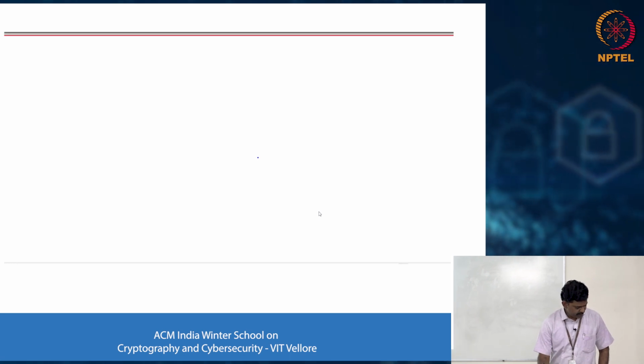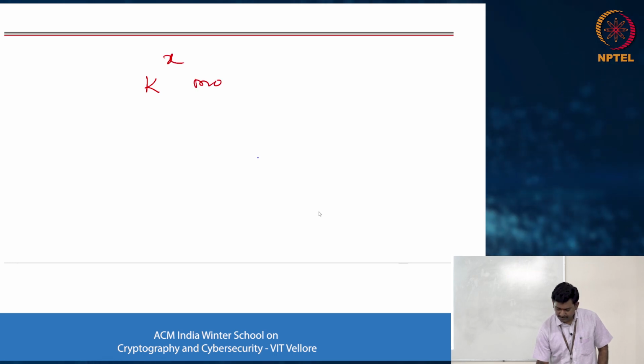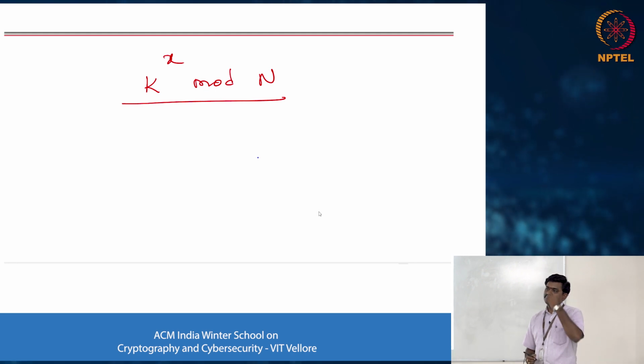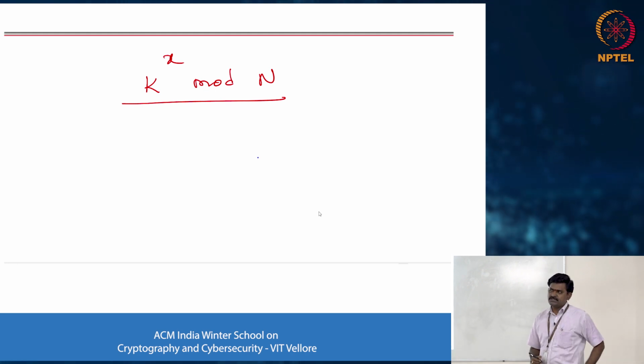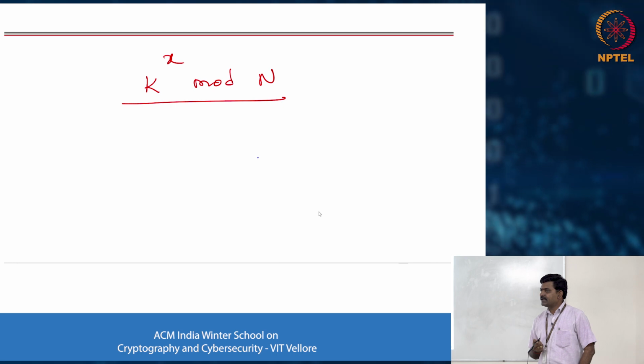So take an example. Imagine I have a function. Imagine that there is a function which is in this form. Are you able to map it to an algorithm called RSA? What is it that you do in the case of RSA?